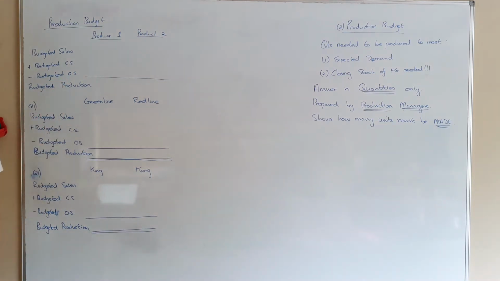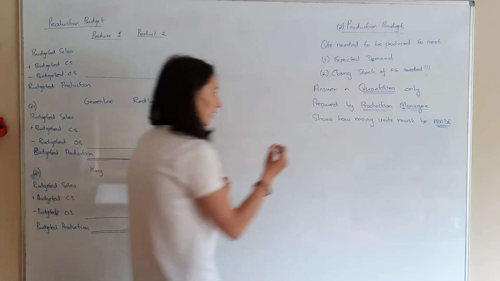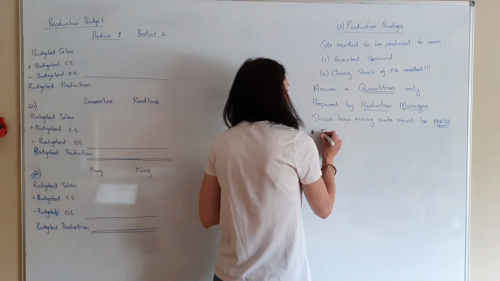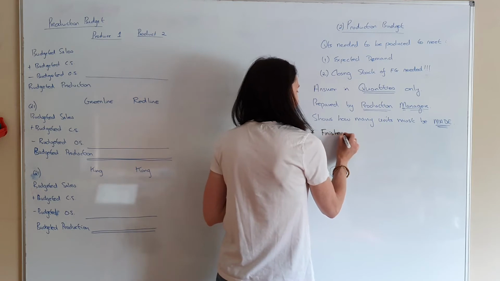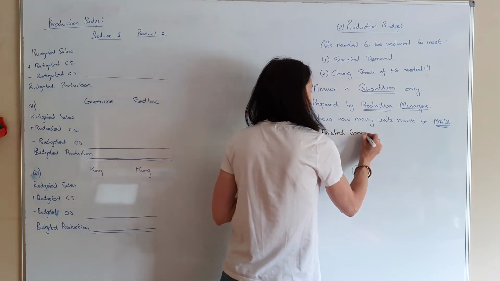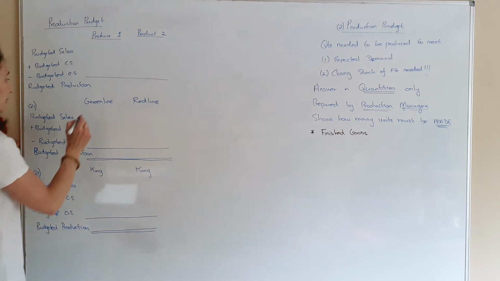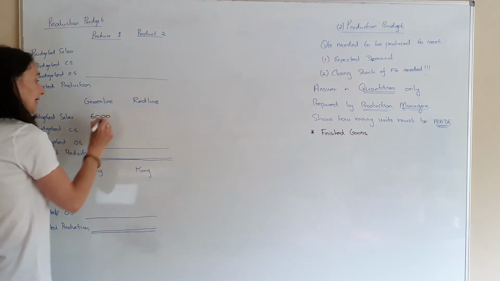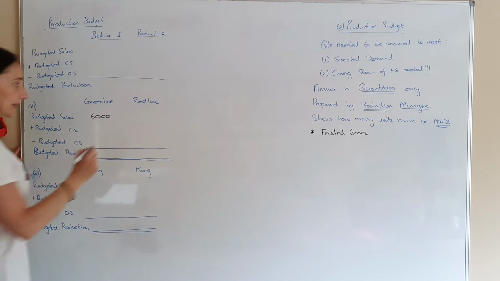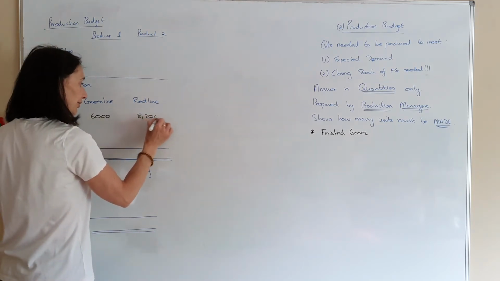So if we look at question one from the ordinary level there, remember when you're doing your production budget as well, you're looking at finished goods because they're made and they're ready for sale. So in this, you would think you're going to sell 6,000 of these, and for Red Lane, you're going to sell 8,200.